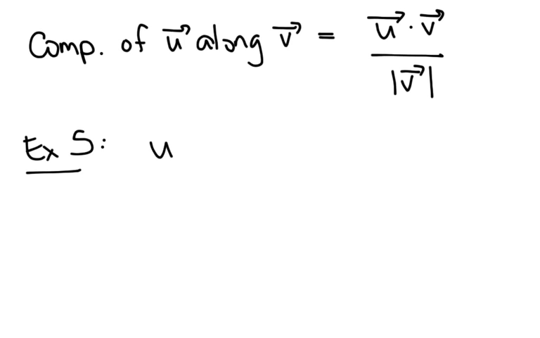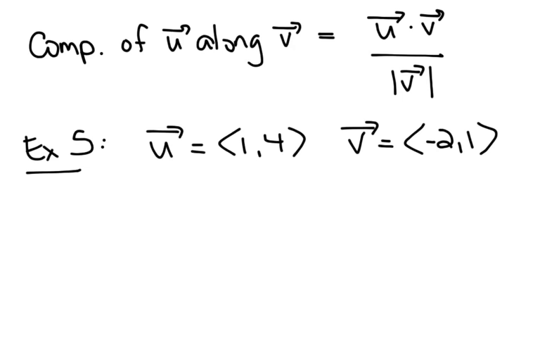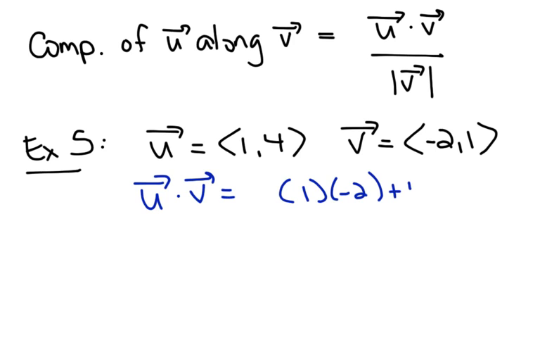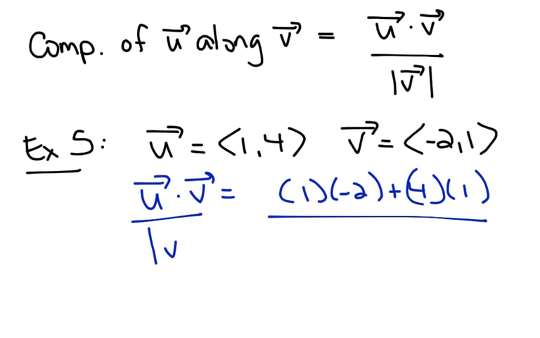Let's say I tell you that vector u is 1, 4, and vector v is negative 2, 1, and I wanted to find the component of u along v. All I would have to do is u dot v, which is going to be 1 times negative 2 plus 4 times 1, and divide that by the magnitude of v.